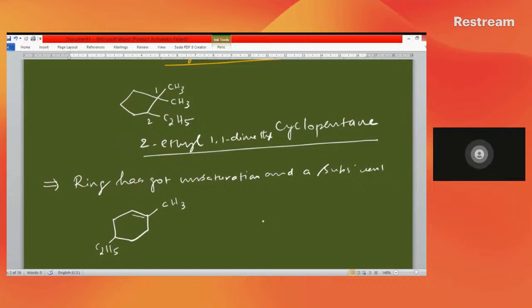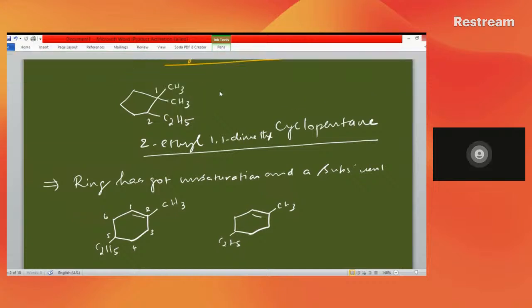Here the unsaturation must be given preference. You can number like this: 1, 2, 3, 4, 5, 6. In the opposite way, you cannot count. Suppose you are trying like this: CH3, C2H5, this is the wrong way of counting. You cannot count like this.